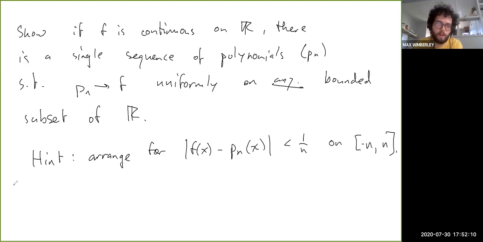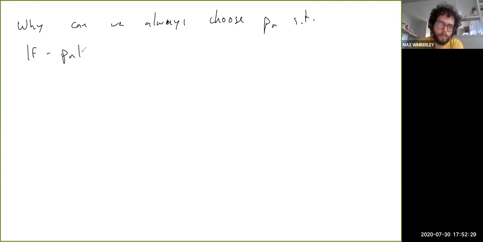Basically the question is: why can we always choose Pn such that |f - Pn| is less than 1 over n on [-n, n]? Would you guys like to venture?